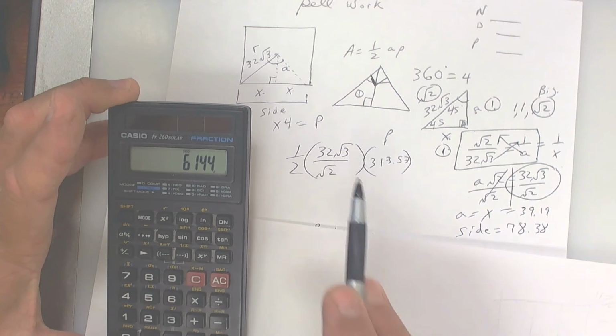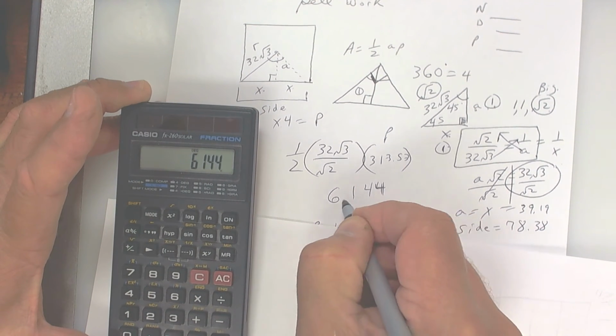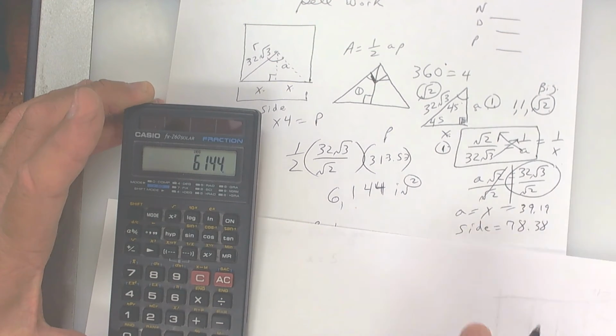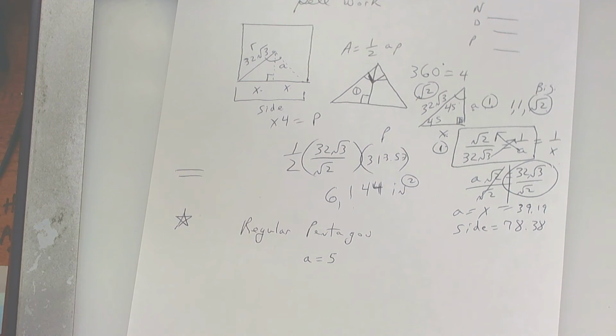So the area is 6,144 square inches because it's area, and that's how you do that. All right, one more on a new sheet of paper.